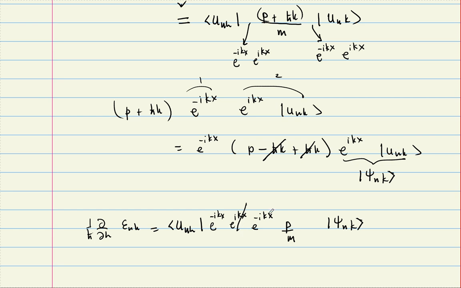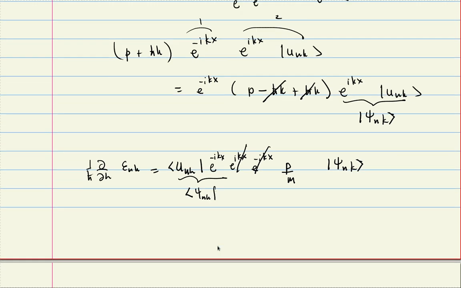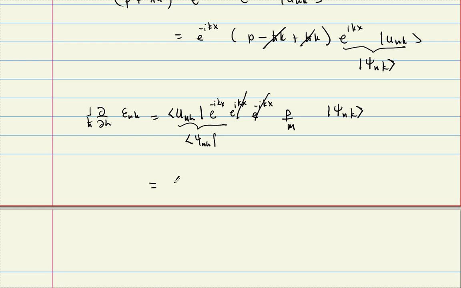So this one is going to cancel this one, and this piece is going to be the bra form of psi n of k. Then at the end I have psi n k, p over m, psi n k, and what is the expectation value of p over m by definition? That's the definition of velocity, v n of k.